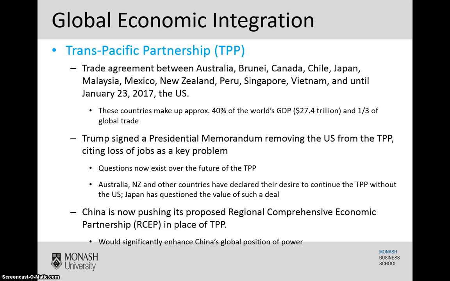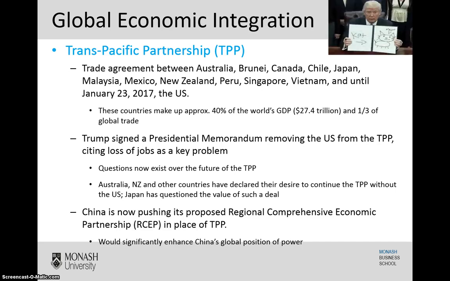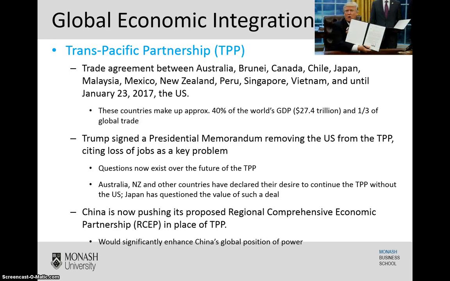And I think we actually have some footage here of Trump signing that memorandum. There we go. Oh, no, okay, not quite, my bad. That's the one we're after. Different memorandum there. Whichever one he did end up signing, the end result here is that questions do exist over the future and worth and value of the TPP moving forward.